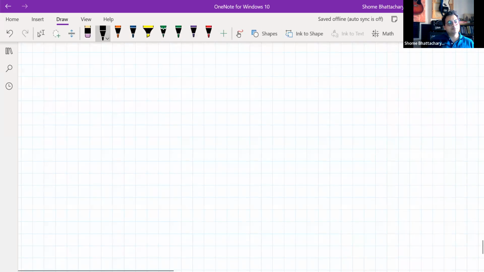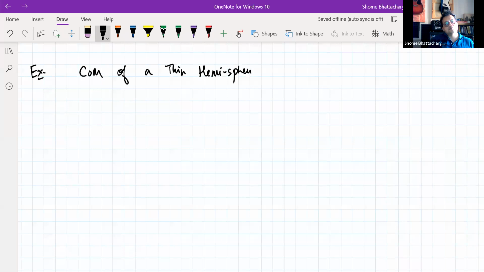So that particular example we will take is again going to be one of our standard formulae. We're going to look at the center of mass of a thin hemispherical shell. Okay, so basically an open hemispherical bowl, that kind of situation.